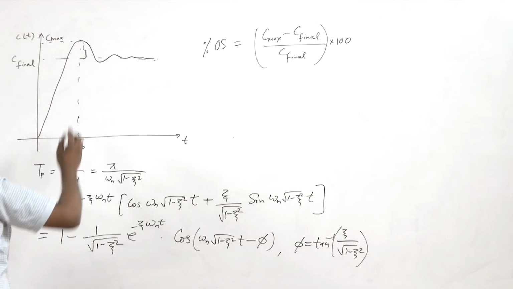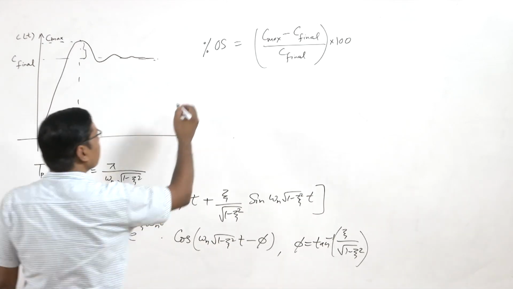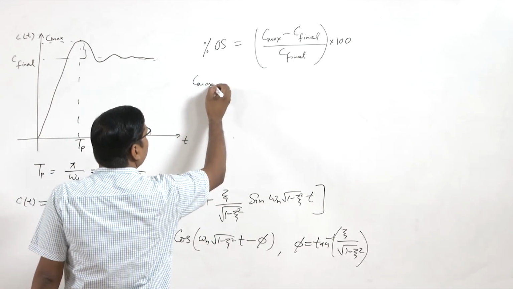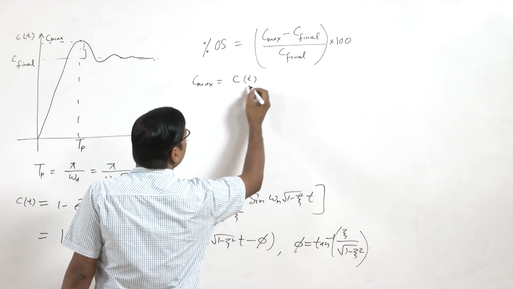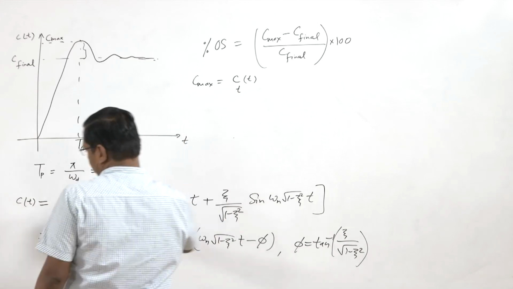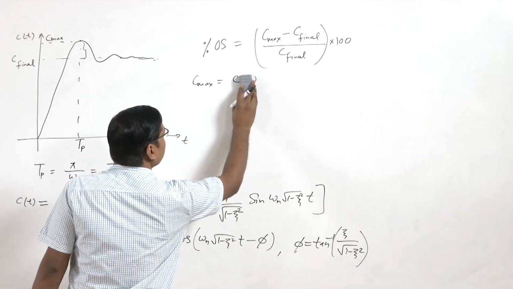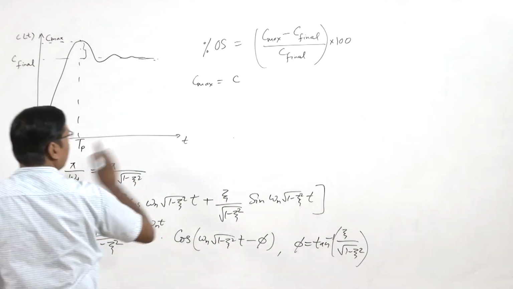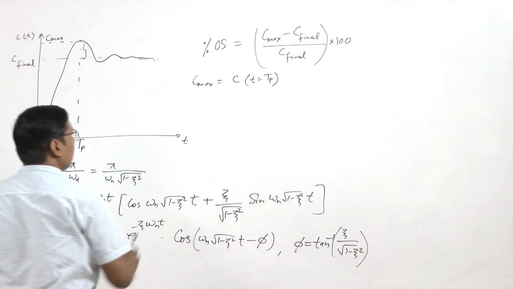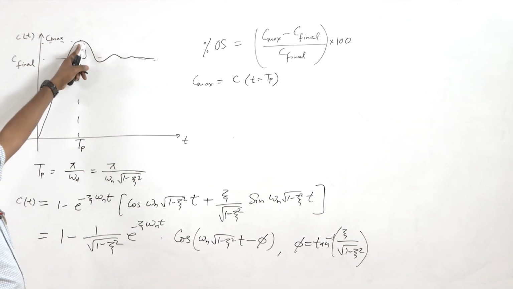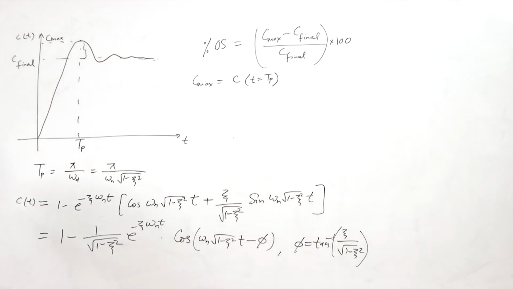First we have to find this maximum value, and that C max will be equal to C(t) when t equals Tp, because at t equal to Tp the value we get is the maximum value.